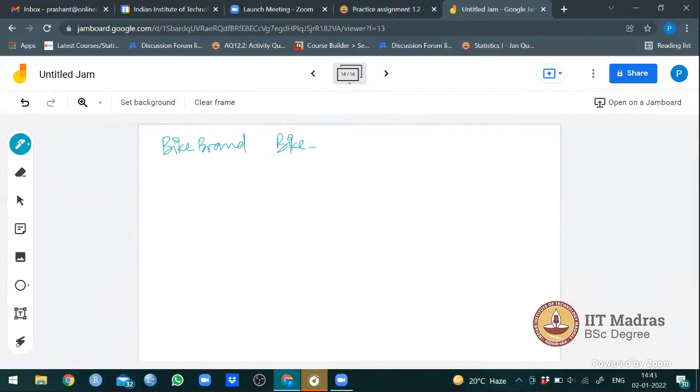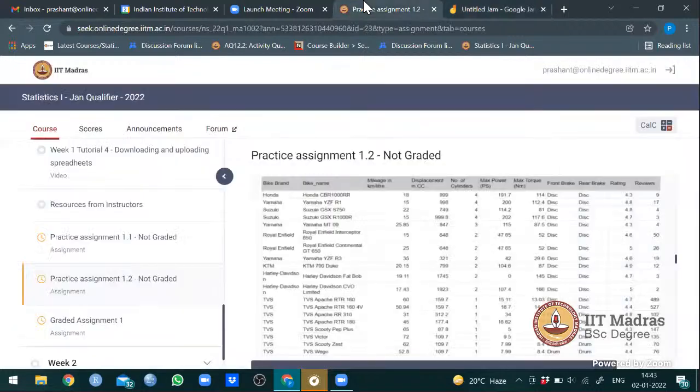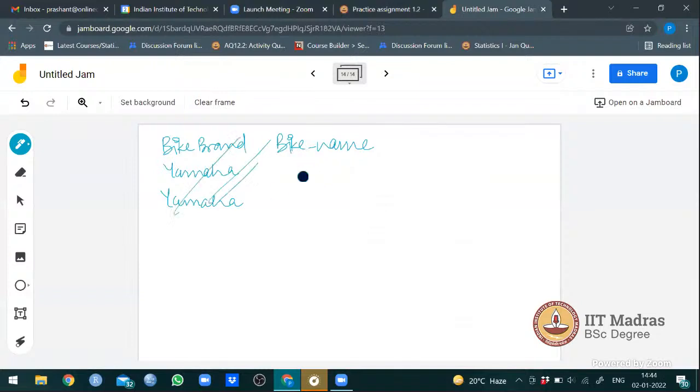Suppose there is Yamaha and another Yamaha. Okay. Sir, but the bike brand can be one. See, what is a case? Sir, one brand is Yamaha. No. Don't go with the one brand.